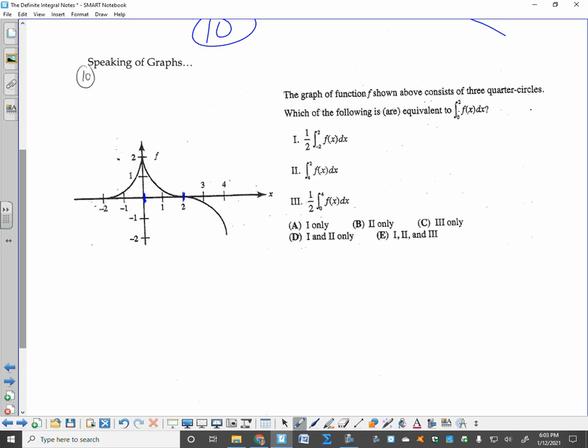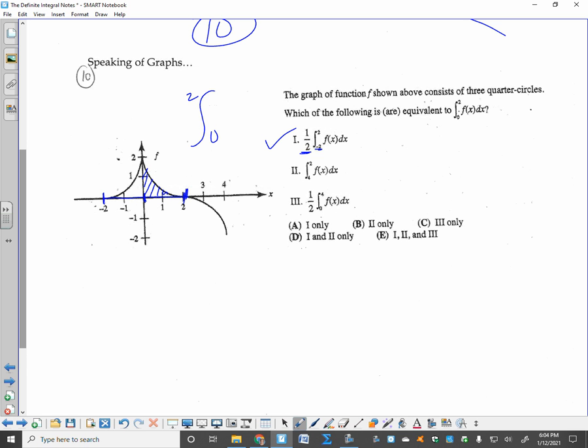Okay. All right. So now it wants to know who is going to be equivalent to that area. So this says 1/2 from negative 2 to 2. So negative 2 to 2 would all be positive, and it would look to be double. So yes, I like that one.